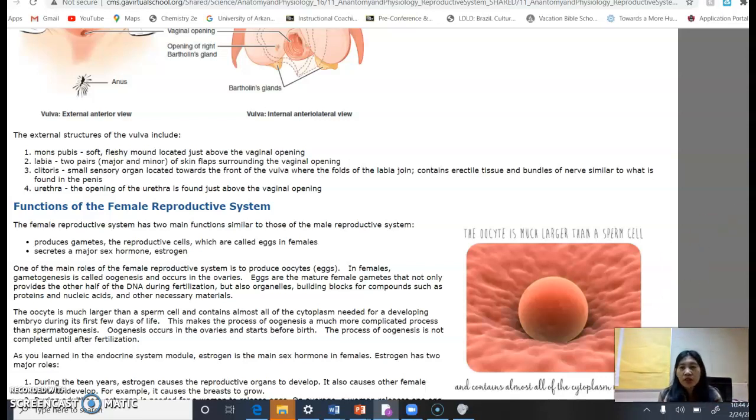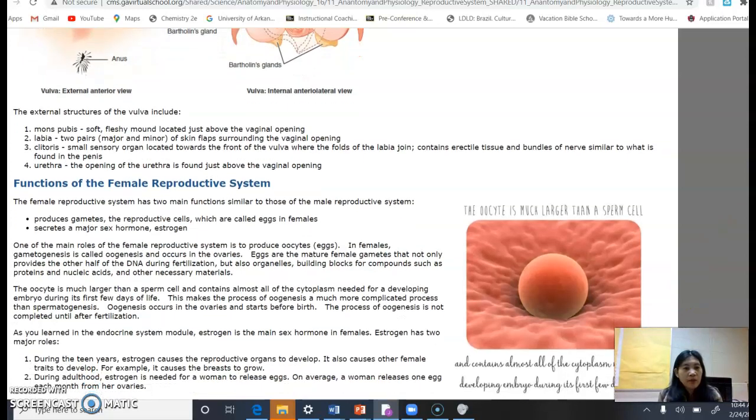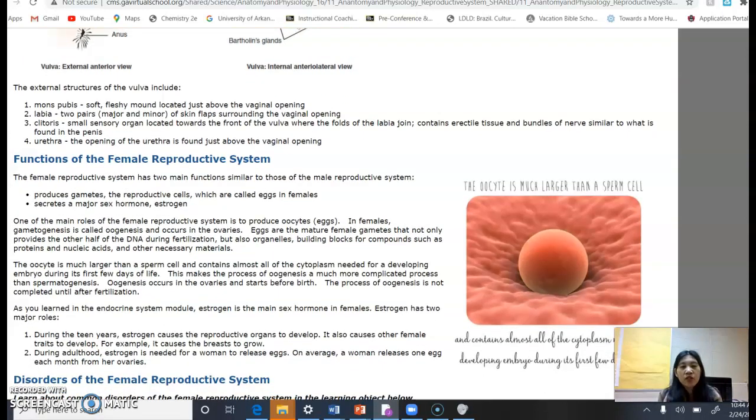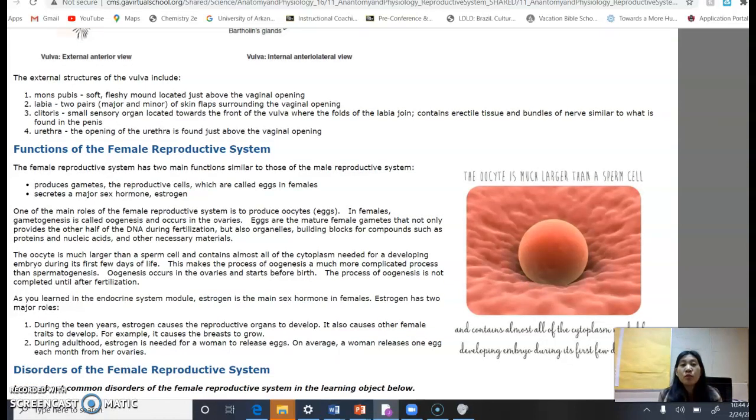So as you can learn more here, estrogen is the main sex hormone in females, and estrogen has two main functions. Number one, during the teenage years, estrogen causes the reproductive organs to develop. It also causes other female traits to develop, such as the breasts to grow.